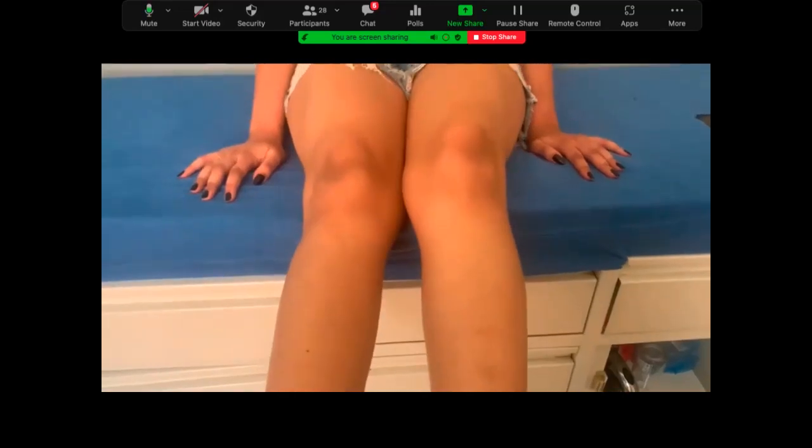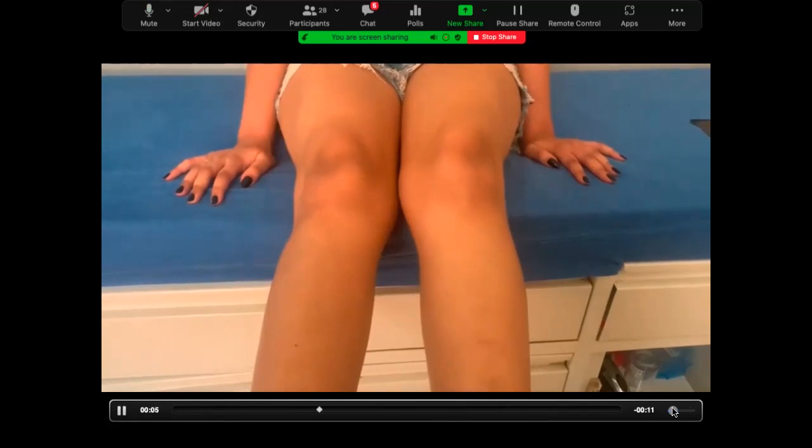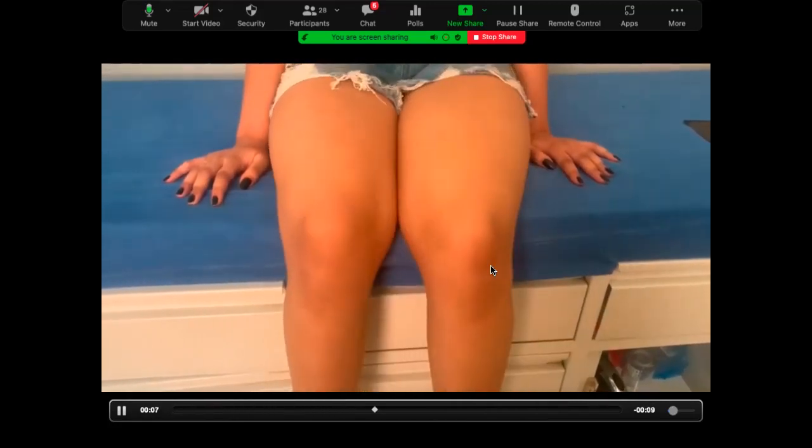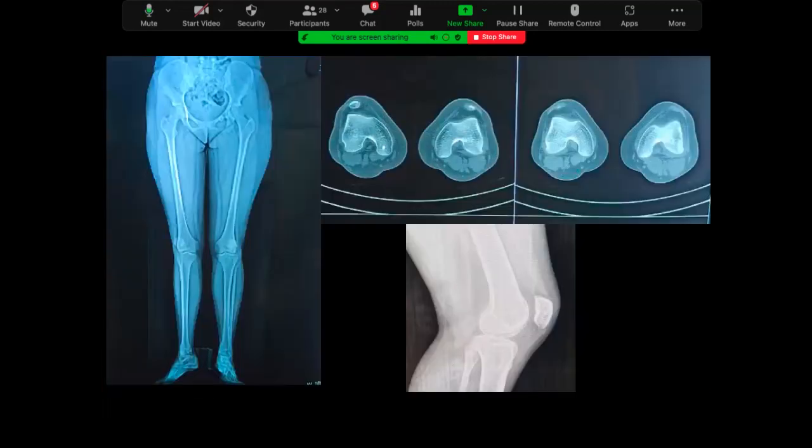This was a young 18-year-old lady. You can see that she had a J sign, which is dislocation in extension. Trochlear dysplasia was not there. There was patella alta, 1.4 Caton-Deschamps index. Alignment was normal, which is very, very essential to understand.